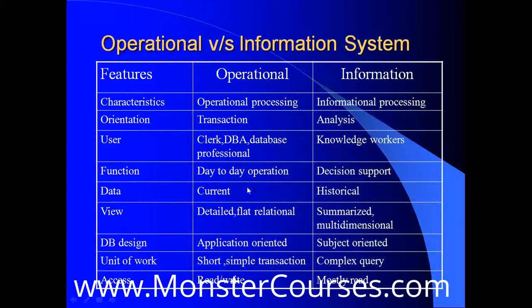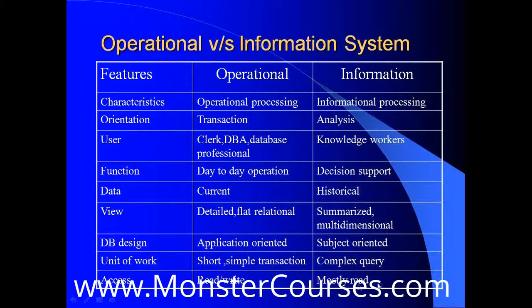So the operational system will have current data and the data warehouse will have historical information. Here you will have detailed and flat relational information, and here summarized multi-dimensional information. Here it's application oriented and here it's subject oriented.